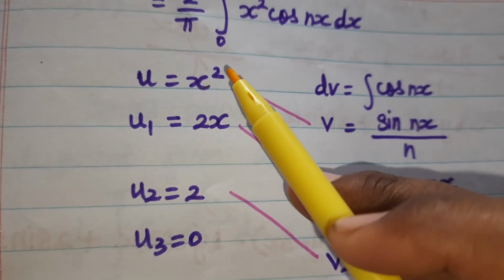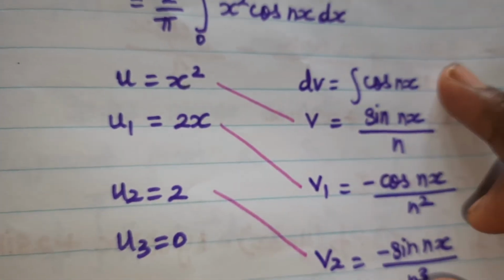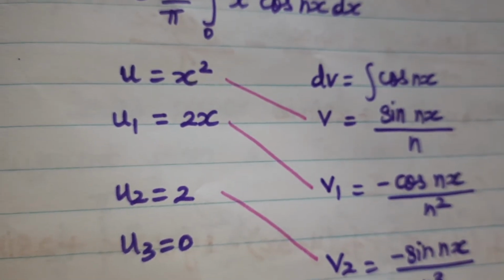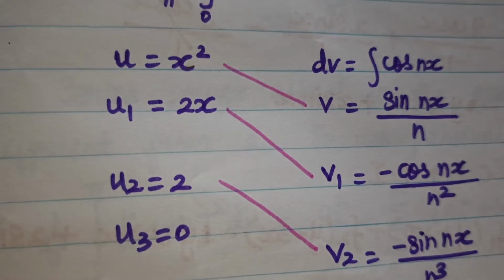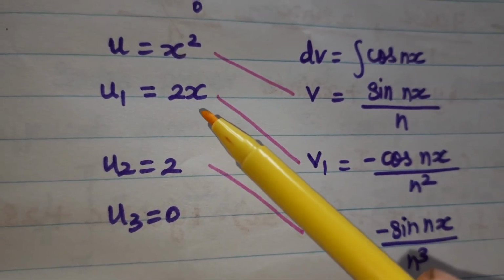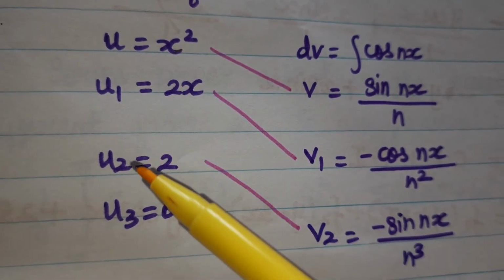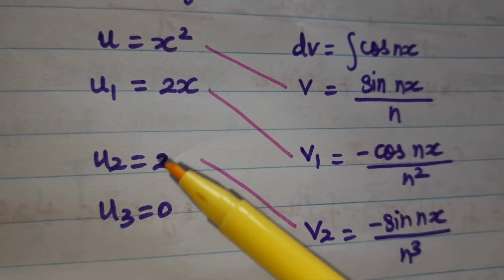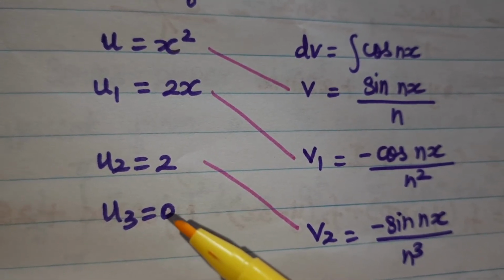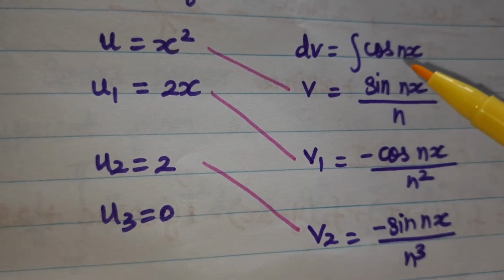So here we have to differentiate u and here we have to integrate v. Therefore when we differentiate x square, it becomes 2x, and again if we differentiate 2x, it becomes 2, and again if we differentiate 2, it becomes 0.